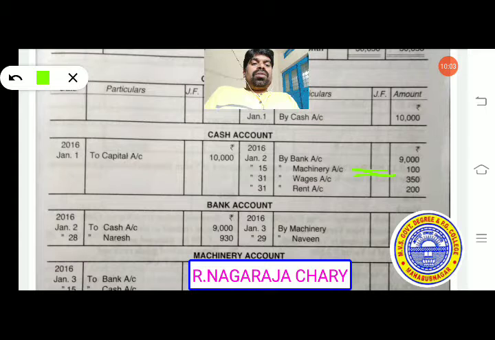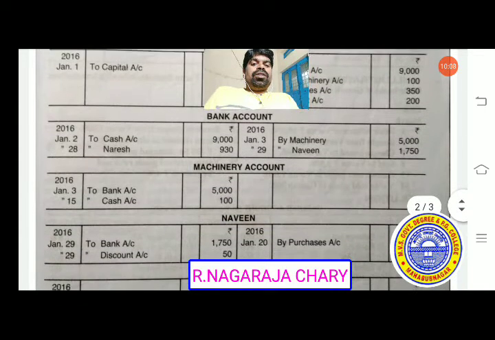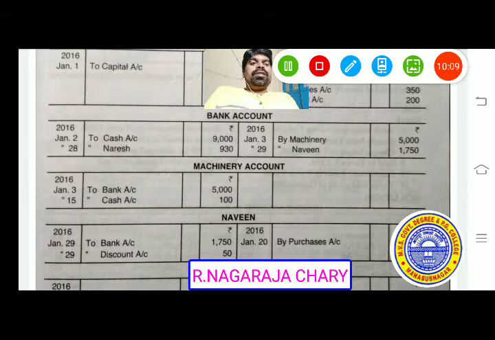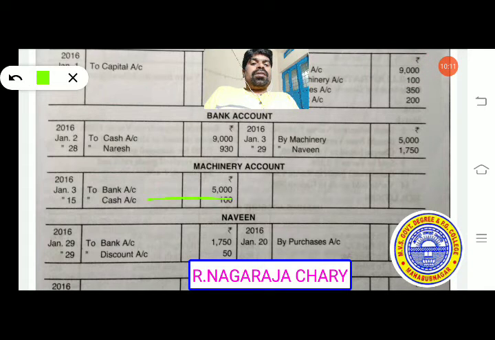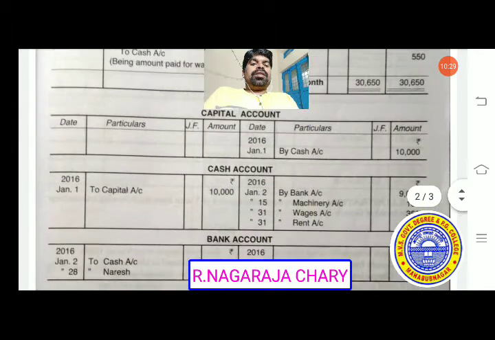In the machinery account, on the debit side, you have to write to cash account, that is 100. So in the machinery account we wrote 5,100.